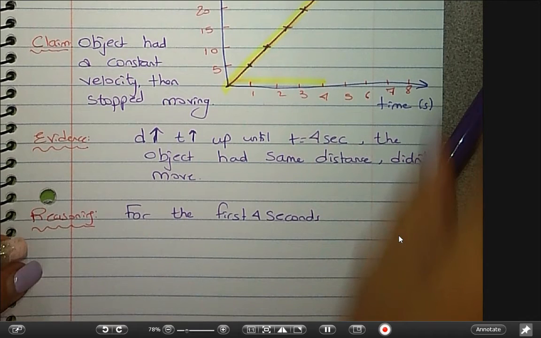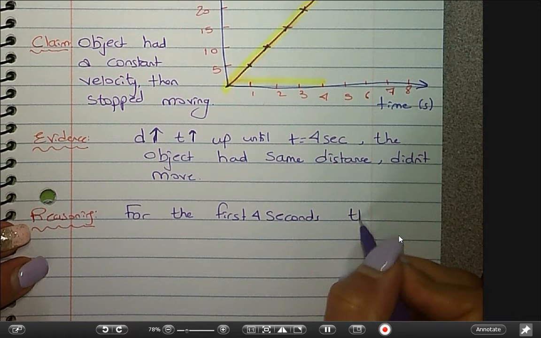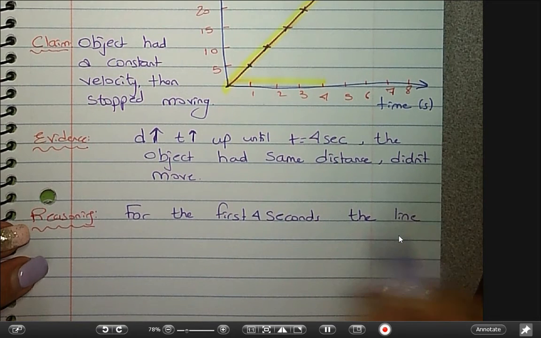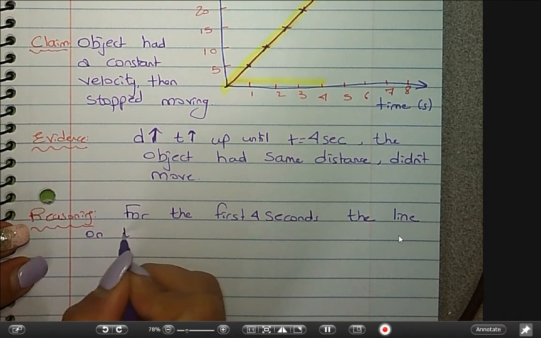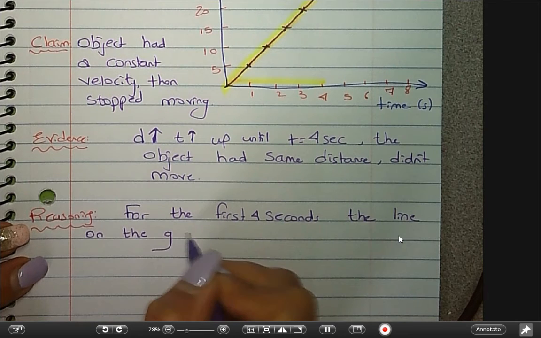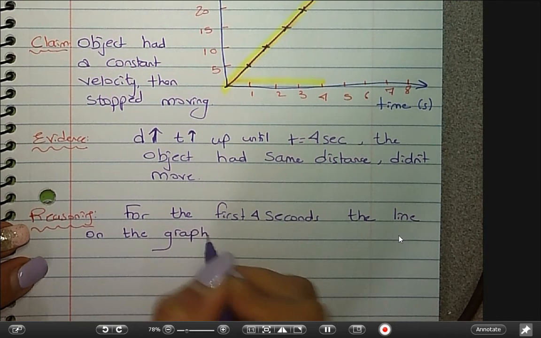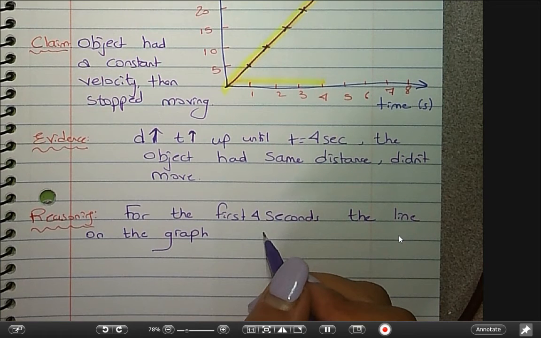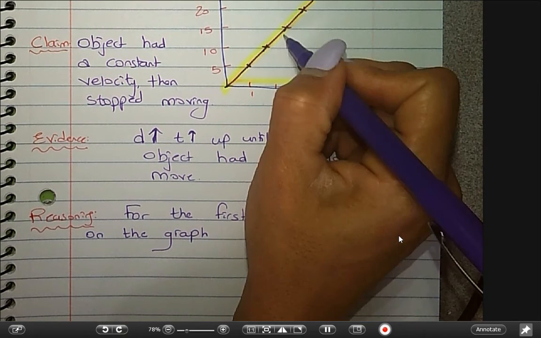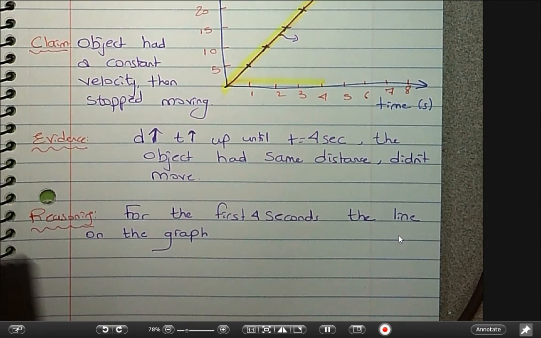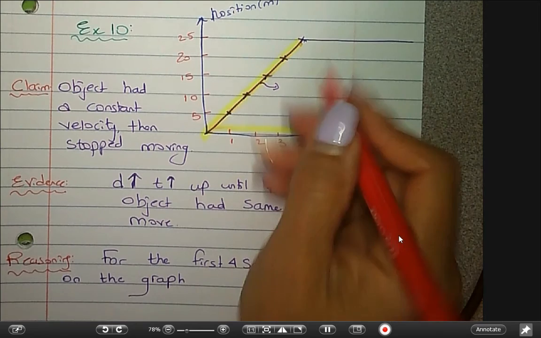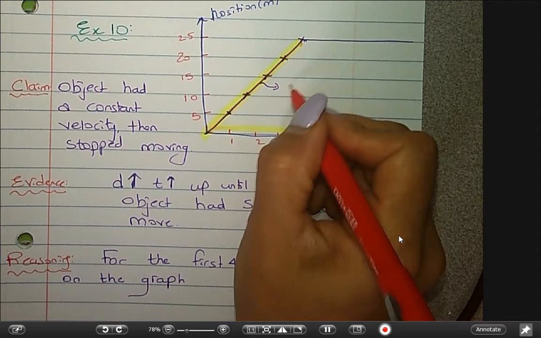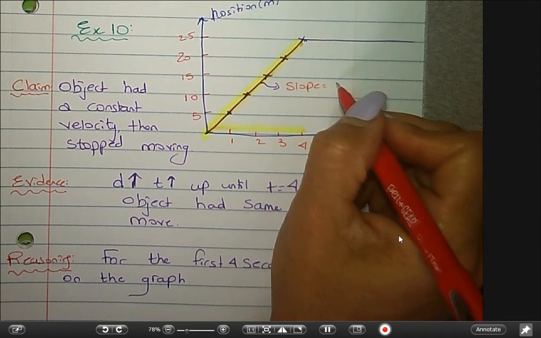The line on the graph, so let's see. Since I have a straight line that is increasing, I got the slope.